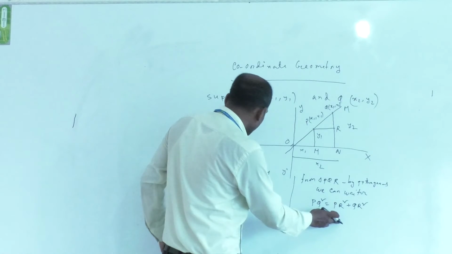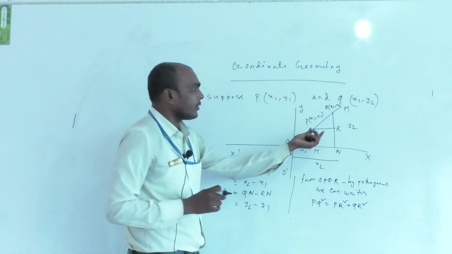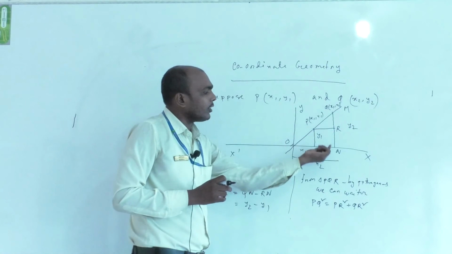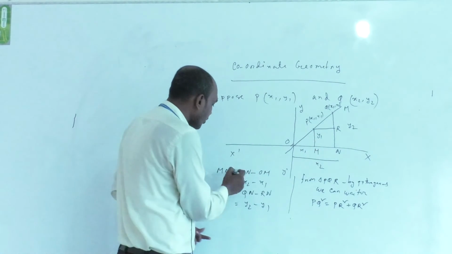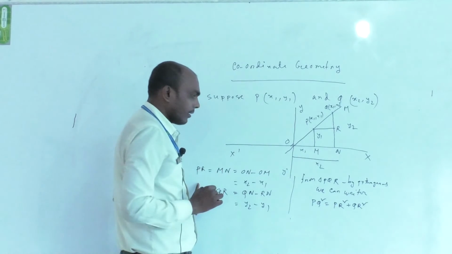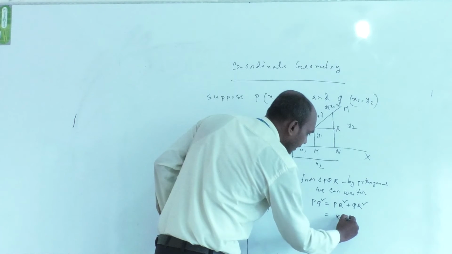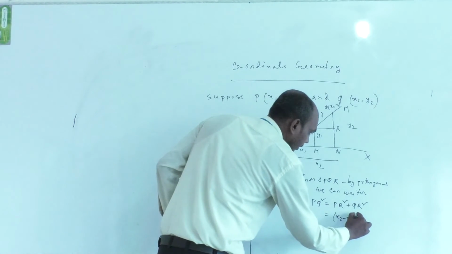That means the distance of PR. Now see, PR is also parallel to MN, so we can write MN equals PR. The distance of PR is x2 minus x1, whole square.